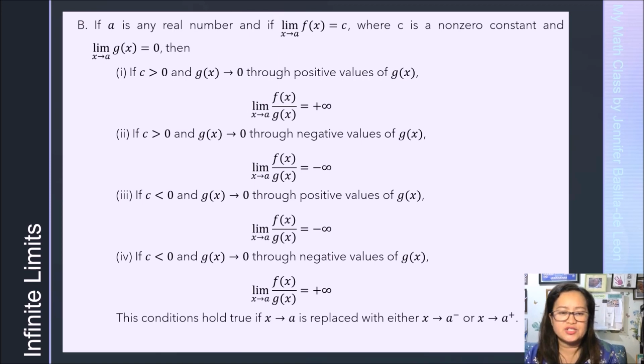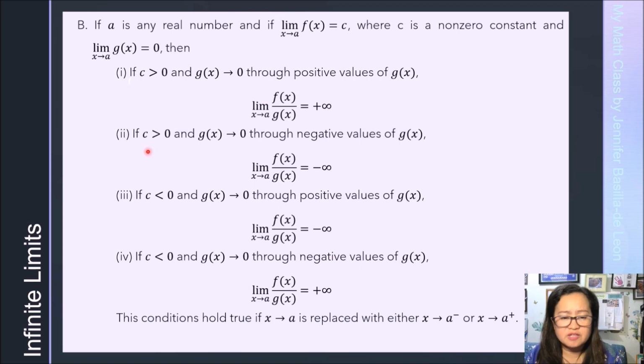So the first possibility, if c is greater than 0 and g of x approaches 0 through positive values of g of x, then the limit of f of x divided by g of x as x approaches a is positive infinity.